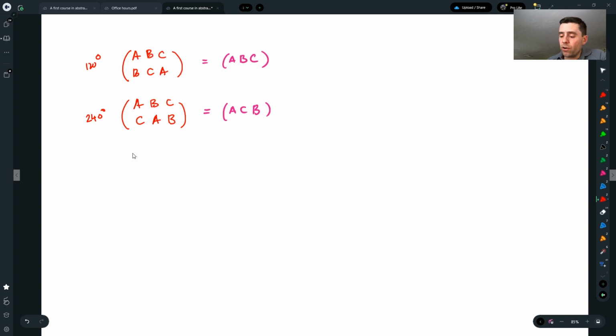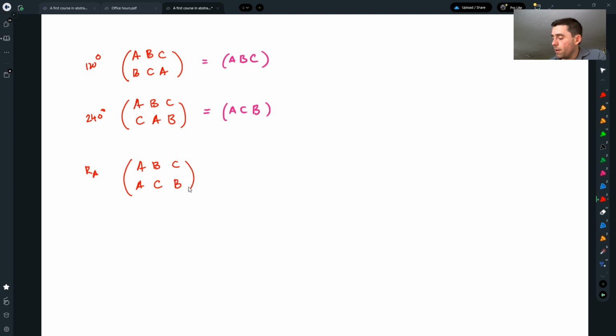What about one of the reflections? So let's say the reflection about A, that is A goes to A, B goes to C, and C goes to B. How would I write that? I would write that A goes to A, so it's just a cycle of A going to A, and then B goes to C, which if it's a cycle that a letter is fixed, we don't even mention it, so I would just write BC.